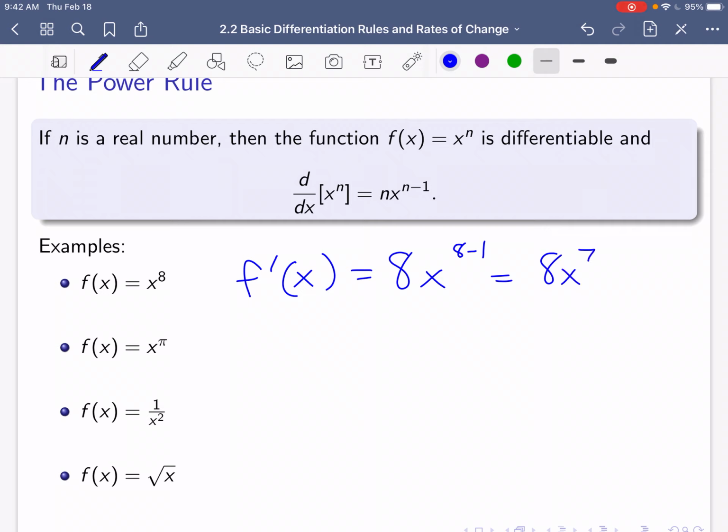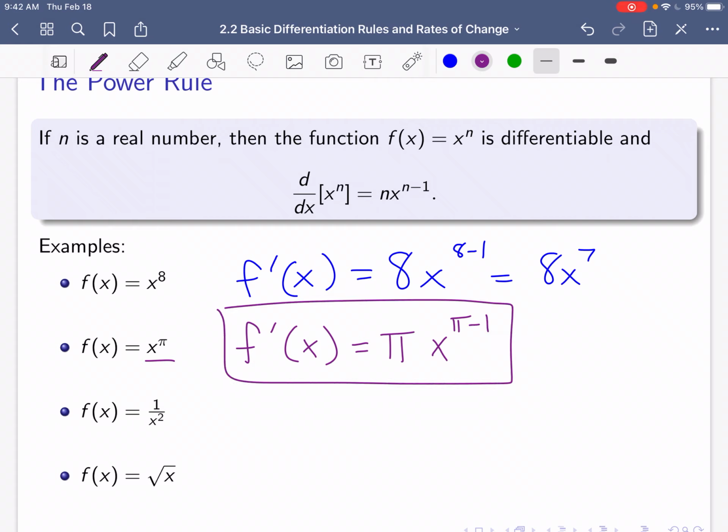This would be exactly identical to what you would get if you went through the whole limit definition of our derivative. If we take the derivative of x to the pi, the power is pi, we bring that power down, we subtract 1 from the power, and we would leave it like that. There's not much else we can do there.